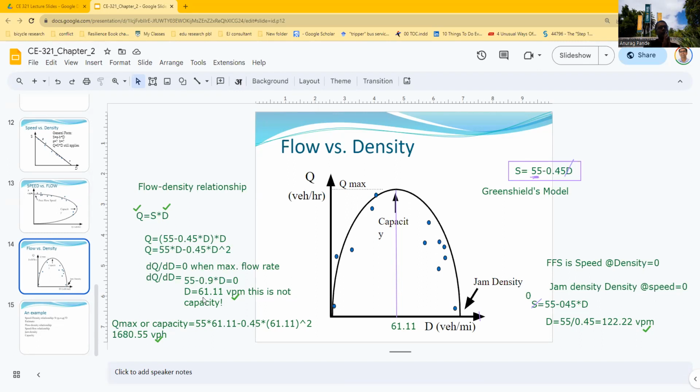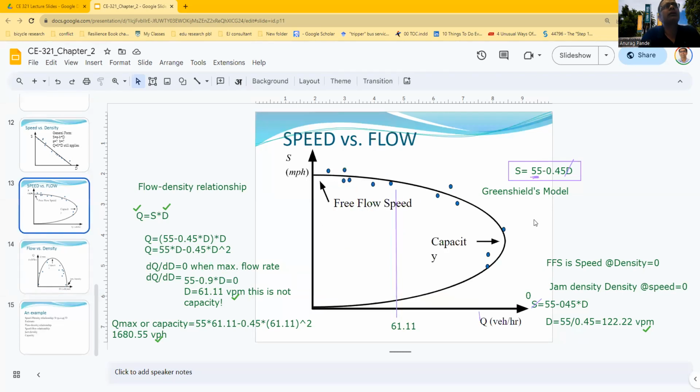Now, the next thing I wanted to do is ask you for the speed flow relationship. So let's go back to this chart here.